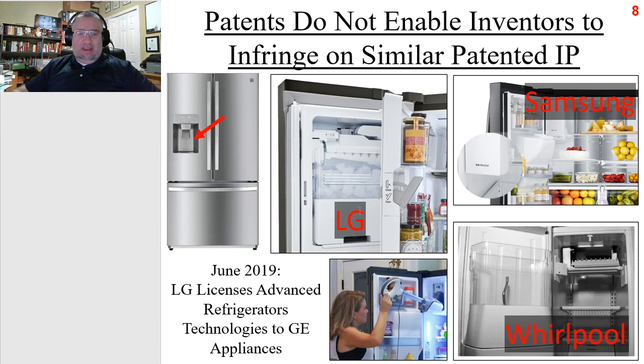They've got this idea patented, and so all these other poor companies who are trying to keep up with this now Kano model performance attribute for French door fridges have come along and come up with a bunch of various alternative ways to put this ice maker capability in the door. So here's Samsung's version of it.